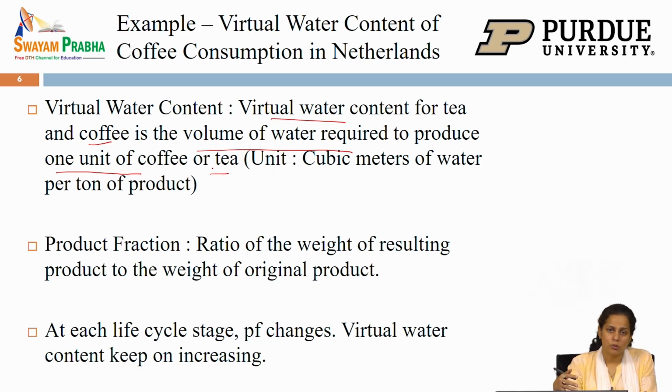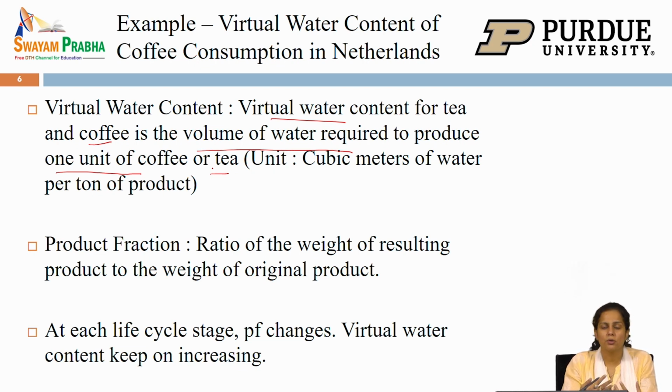To quantify the virtual water of the coffee, we define a term which we call product fraction. Remember, in a life cycle you have a step by step conversion of the product into a final product. So, at each step you have a different final weight of the product. If you are a chemical engineering student, you might remember this from a separation process.